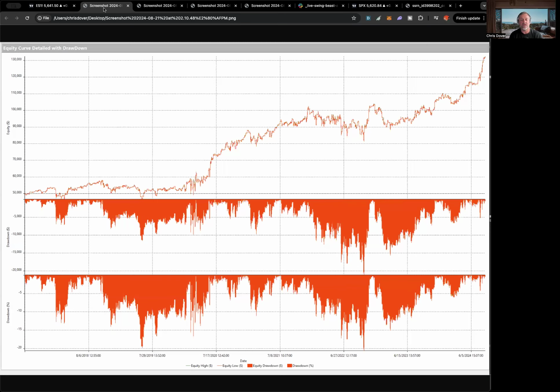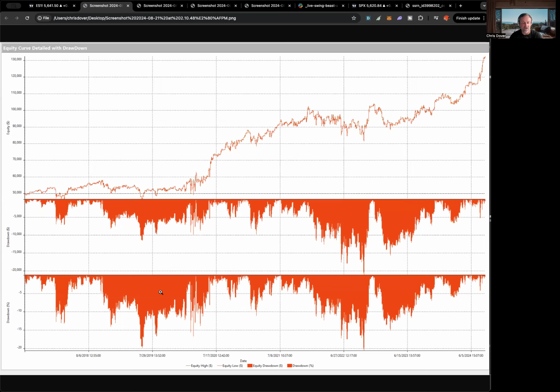Okay, so here's going back like 10 years or so on that same trade. This is a $50,000 account using one S&P E-mini, the ES futures contract, to trade it.